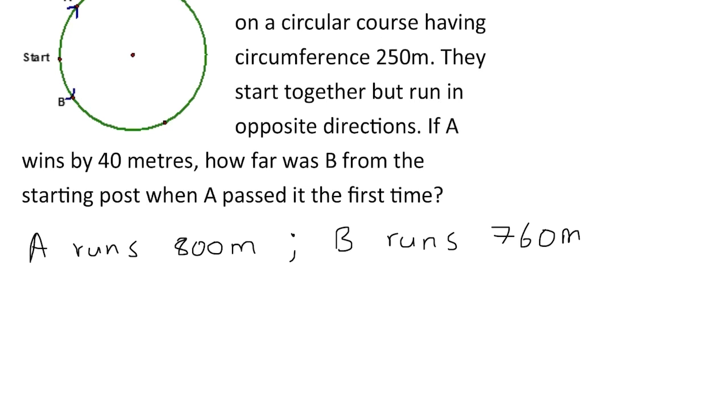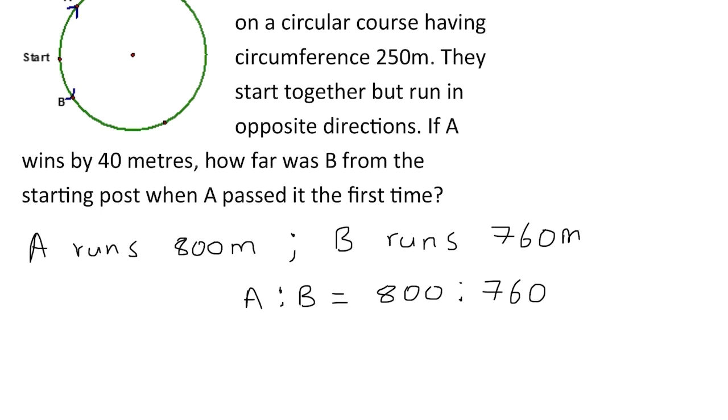So this is a proportion problem that is not so easy to see, but if we use ratios, we will see that A is to B will be 800 is to 760, because after A runs 800, B is only at 760 meters.